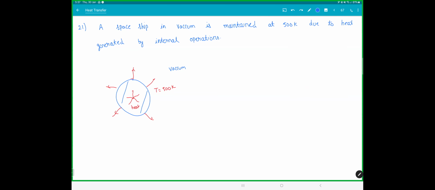Now the spaceship is covered by a shell of 2R radius.